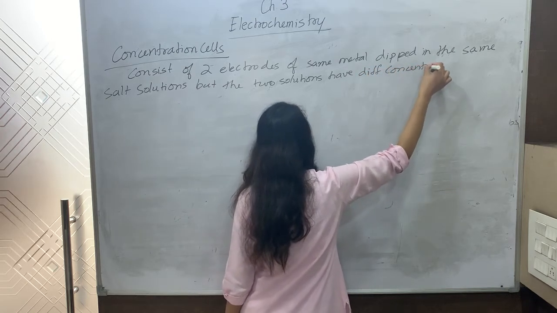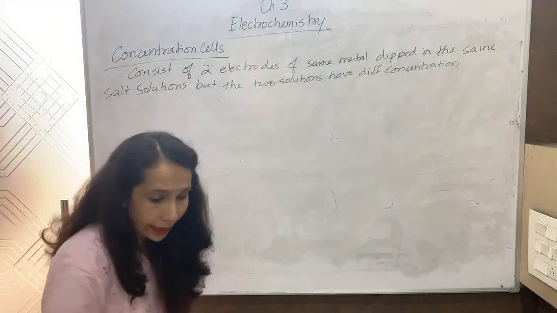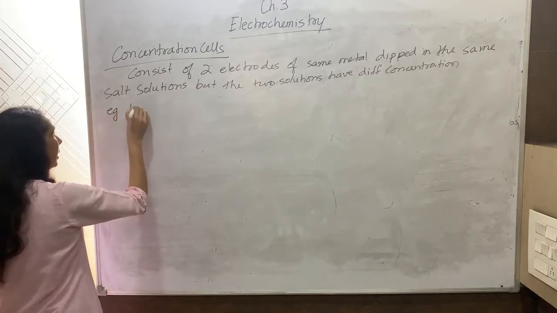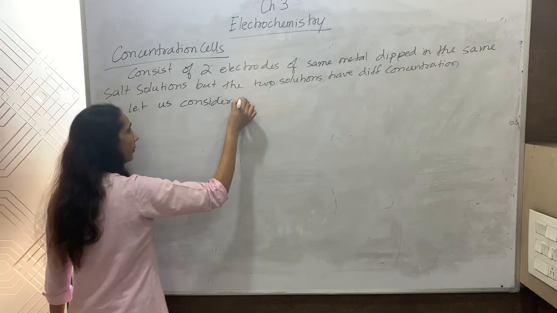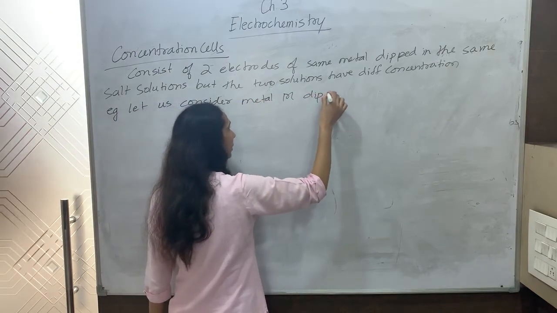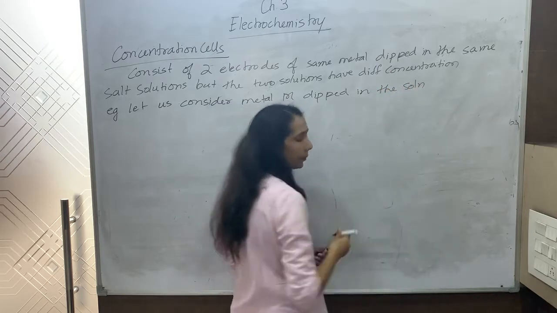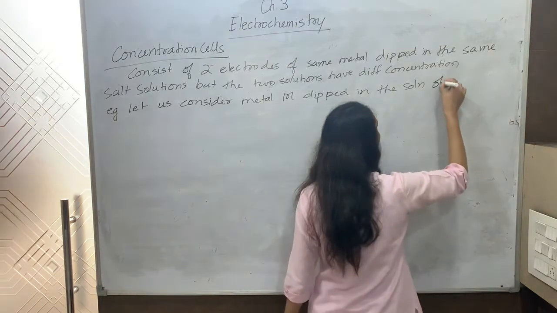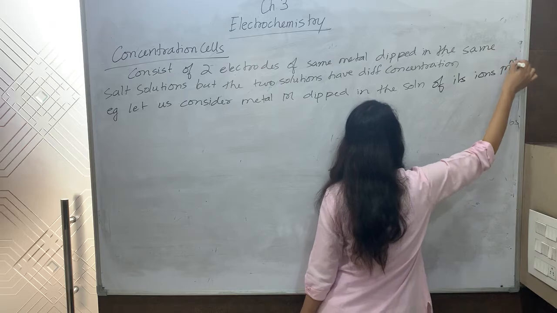Let us take an example and let us then understand how it goes. Let us consider metal M dipped in the solution of its ions, Mn positive.